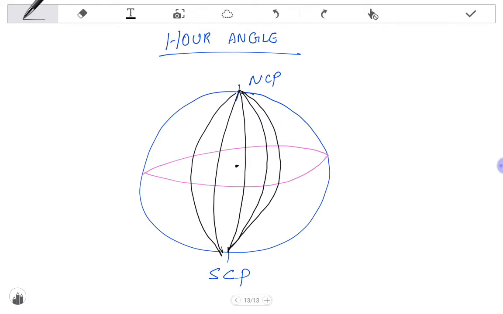This is the center of the celestial sphere. Let's not draw the earth here. Now what is an hour angle? This is an equinoctial, the pink color.